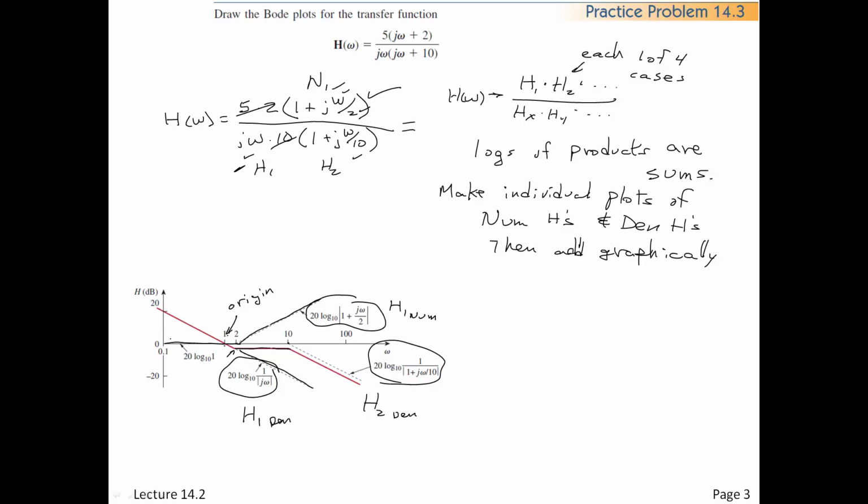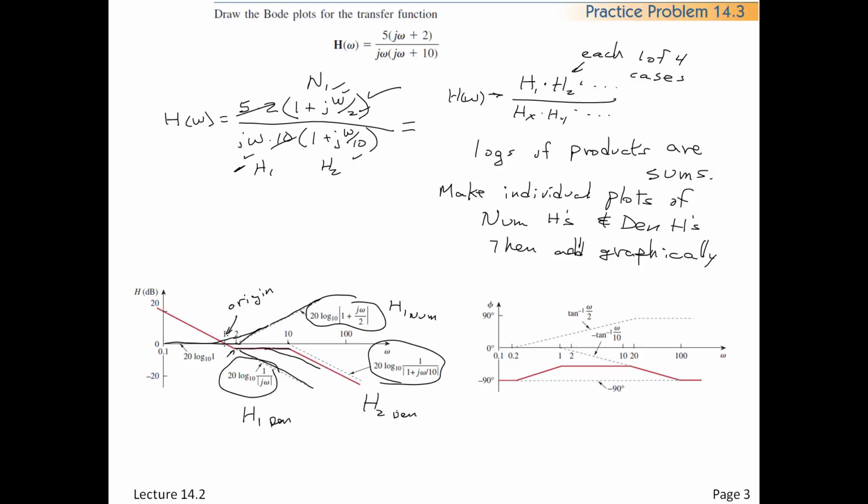H1 in the numerator was 0 until it hit its breakpoint, and then it started to go up, all right? And you might remember from the individual pictures, these things actually have shapes like this. So if you really wanted to be fancy and clear, you would add up those things. But Bode makes this simple. It identifies, look, the important information is where are the corners, what are the magnitudes, and what are the rates of change.